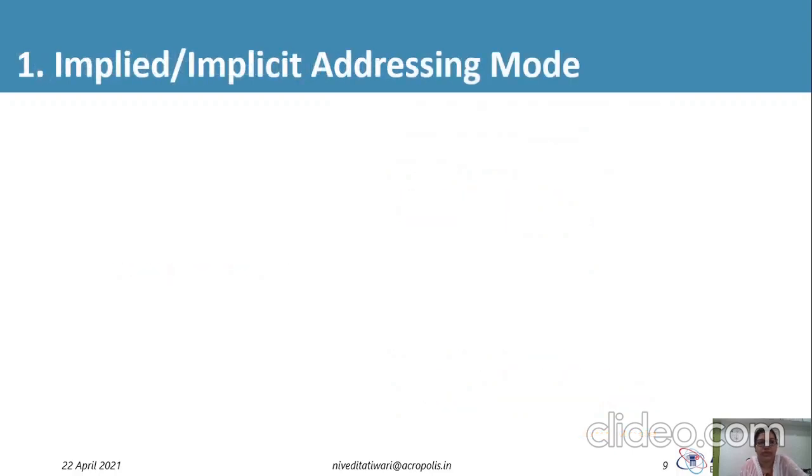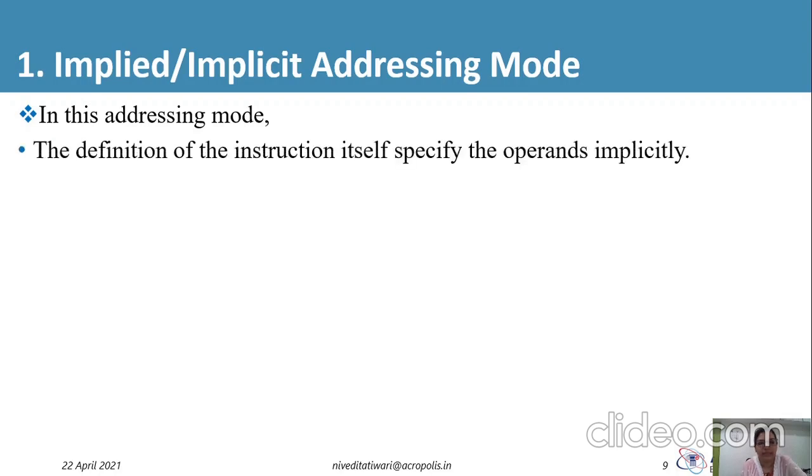So first is your implied or implicit addressing mode. Basically, in this addressing mode, the definition of the instruction itself specifies the operand implicitly. There is no need of any instruction format to specify the effective address and the operand value.